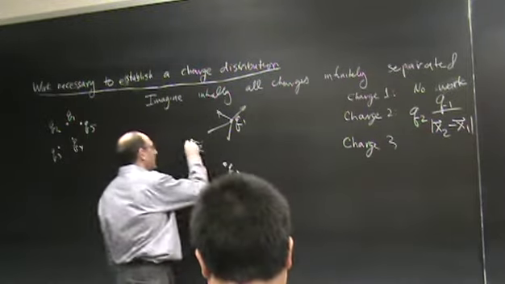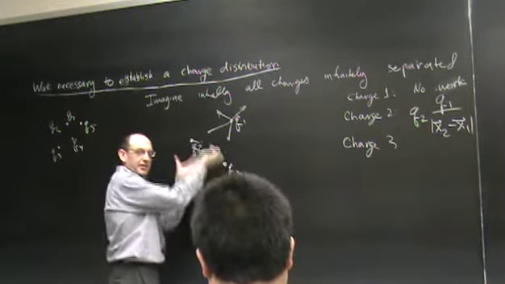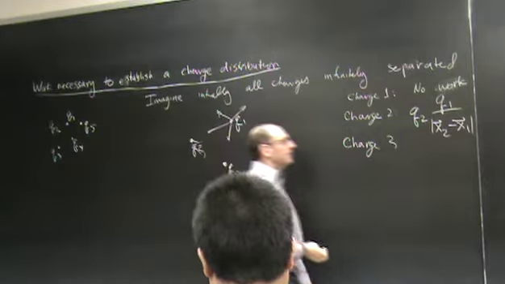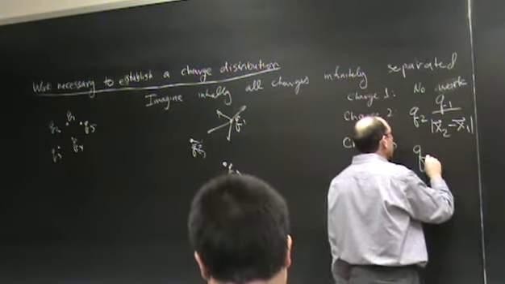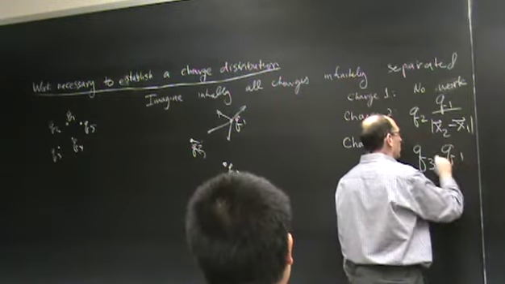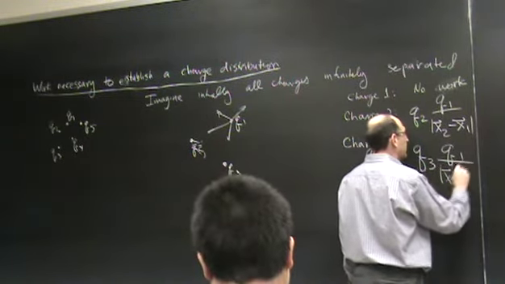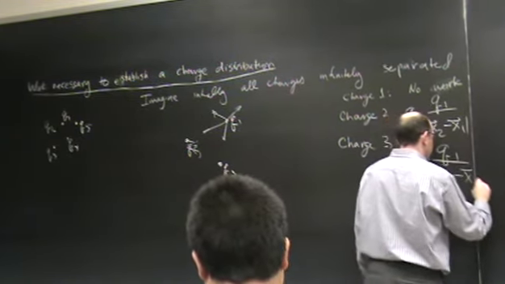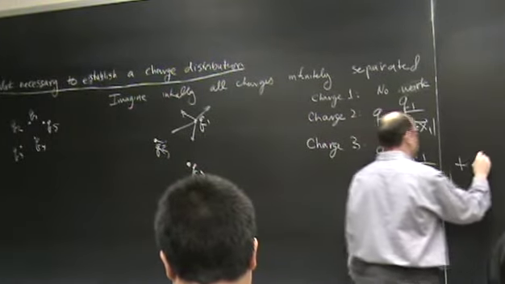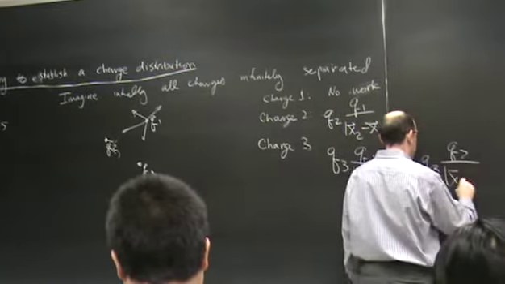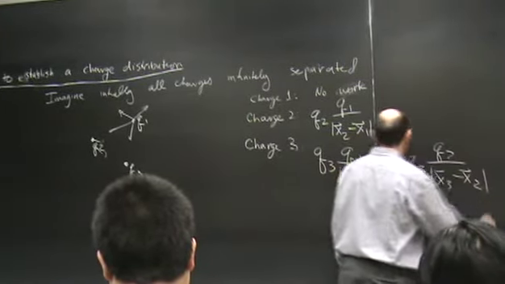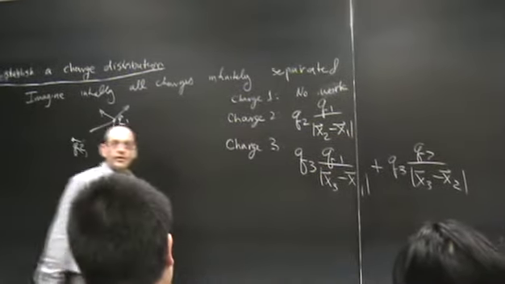Now, charge 3 has to push against the field of these guys, right? So I get Q3 times Q1 over |x3 minus x1| plus Q3 times Q2 over |x3 minus x2|, etc., etc.